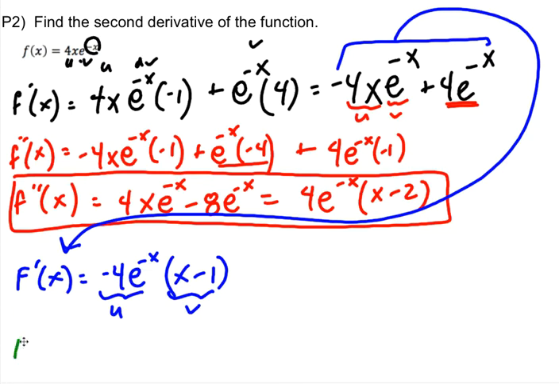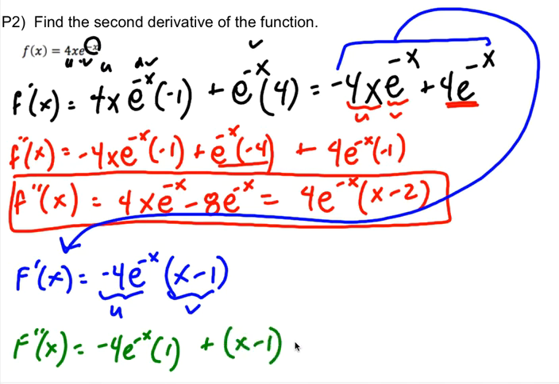If I did it this way, my f double prime of x would be u, right? I just copy u. dv is a 1 plus v, which would be x minus 1. Du is going to end up being a negative 4e to the negative x times the derivative of that negative x, right? So when you clean this up, you're going to end up with this negative 4e to the negative x, right? That's this thing.